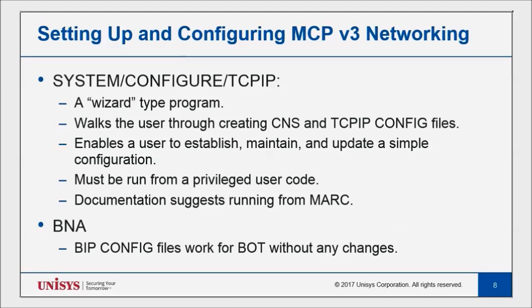It's called System Configure TCPIP, and it's a wizard type program. It runs from an MT terminal, and it walks you through a sequence of screens where one can answer questions or enter data, and that way one can establish an initial configuration, and then if one runs the program again, it presents the data in the current configuration and one can update it.